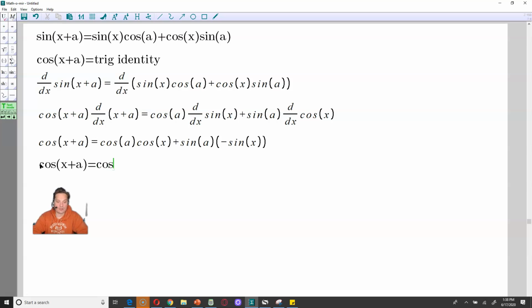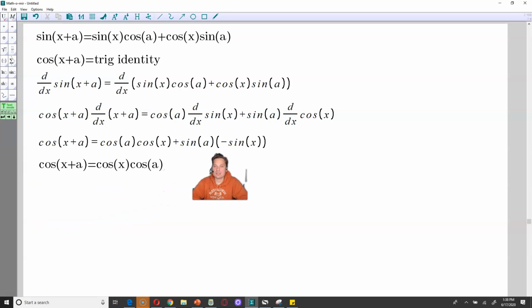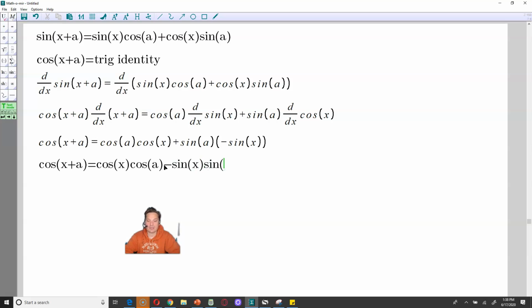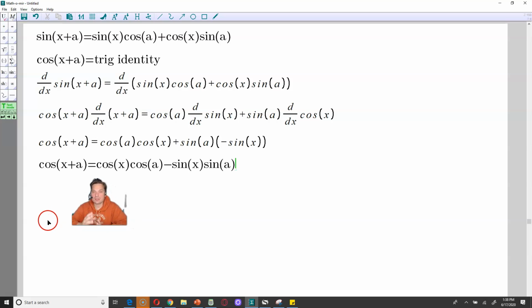Then cosine of x, cosine of a. The order of cosine x followed by cosine a is not important. It can be switched. For the next one, you usually see that negative with the sine there. You float that to the middle of the expression, so it gives you a negative sine x sine a. And notice that this is indeed the expression that represents the cosine of a sum of two angles, derived not using trig really, but calculus and implicit differentiation step by step.